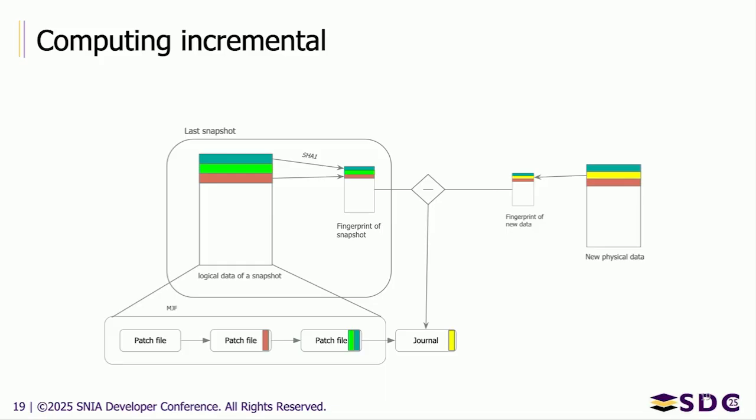This is important because journal files are just simple append-only offset, data, which is very optimized for writes. But this is not optimized for reads. And when we later merge it into our patch file, we want something that is read optimized. So we convert it into a patch file, which is sort of like an SSTable.